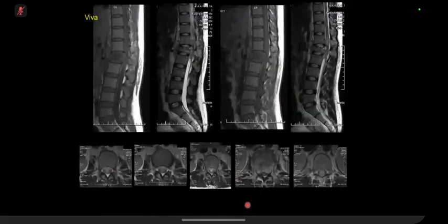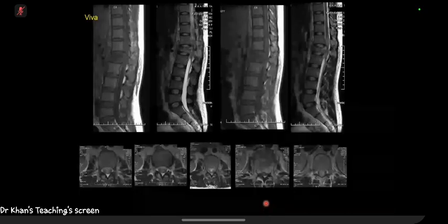So these are selected images of an MRI thoracolumbar spine, which demonstrates a T1 vertebral body fracture. There's loss of vertebral body height and also indentation of the posterior vertebral body margin into the spinal canal, compressing the cord at the L1 region.